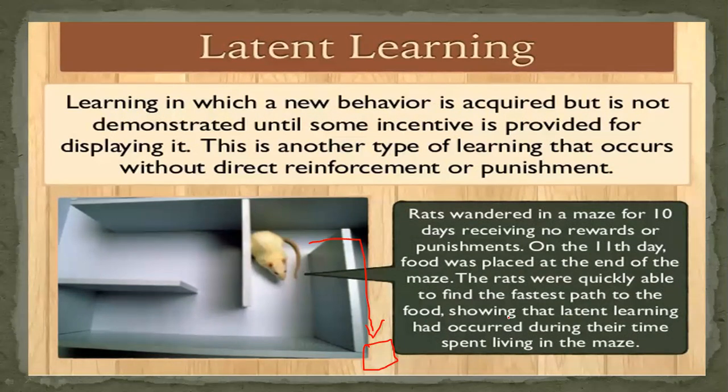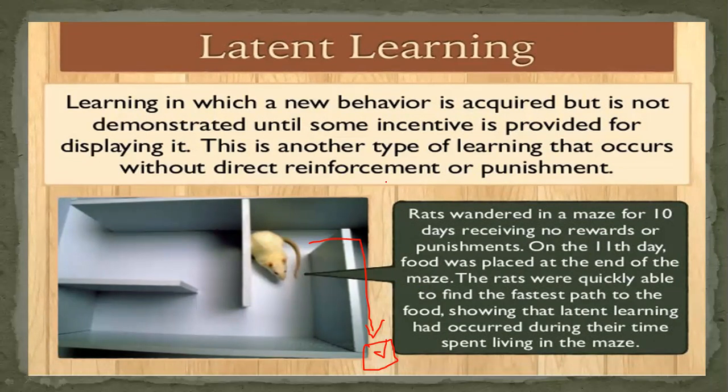He got the food. At the time, he was not hungry. But when he was hungry, he was put again into the maze, and now he knew the way. So he quickly runs through this maze and reaches the reward very quickly. This is very common in human beings as well.